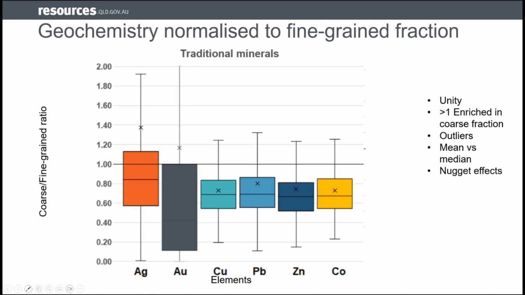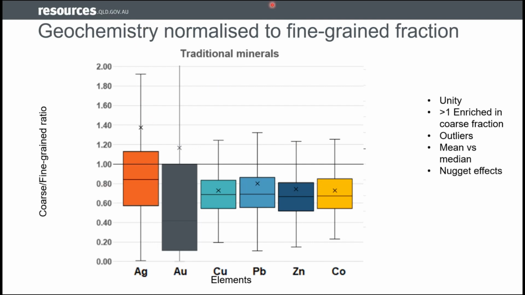We look at these traditional minerals that have been mined, and as expected, the silver and the gold have this nugget effect, whereas the other base metals generally fall within the fine fraction itself. Here, I've got rid of a lot of the outliers, and most of these outliers occur within the coarse fraction itself.